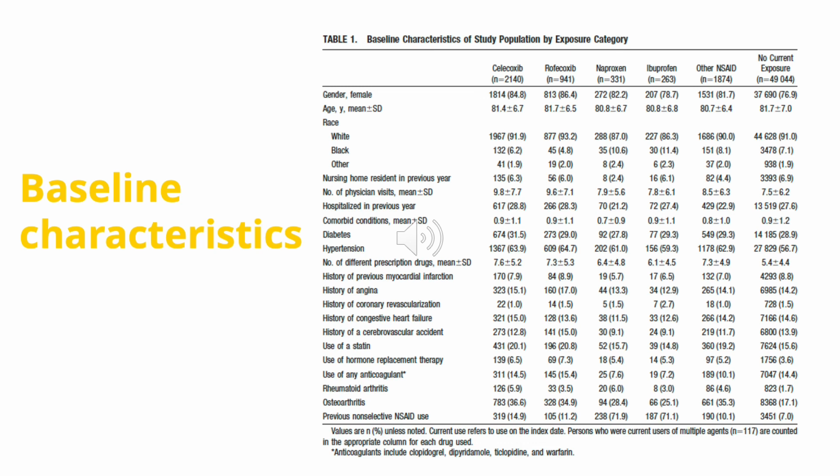So we can see that among users of NSAIDs and these COXIB medications, the prevalence of hypertension is relatively similar, but in patients who are using none of these medications, it's a bit different. It's a little bit lower. So that's the type of information we'd want to look for in a table 1 of baseline characteristics.